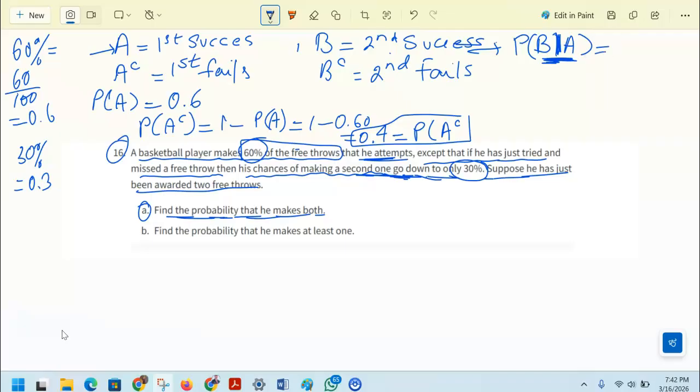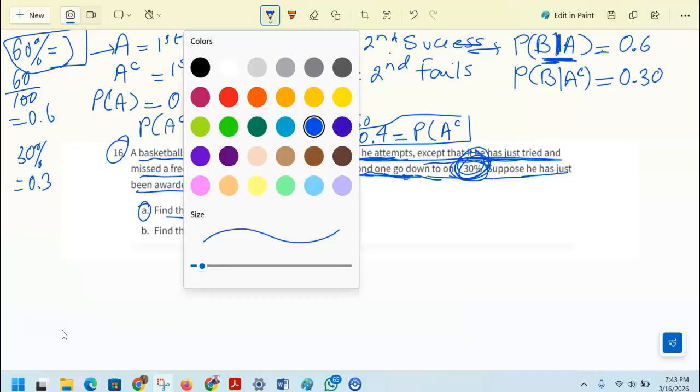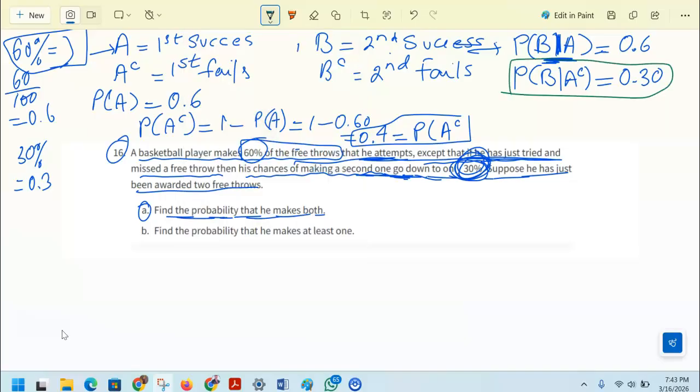The chances stay the same, 60%. But the probability that the second one is a success when you know the first one failed, this means the conditional probability, the chance of getting success is 0.30. So I'll put these important pieces of information.